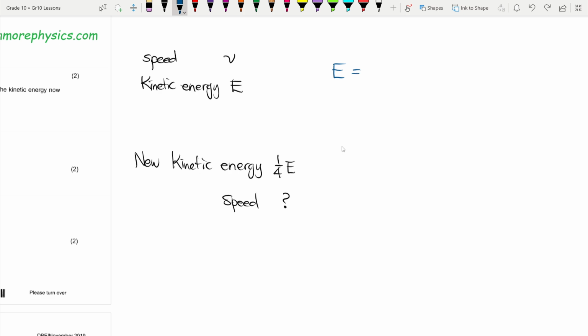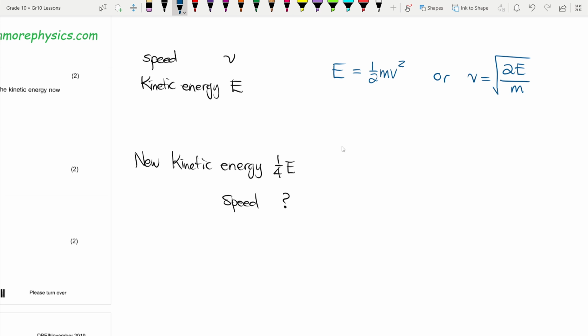Do you know how to make something the subject of the equation? Yes, sir. Is this correct for V?